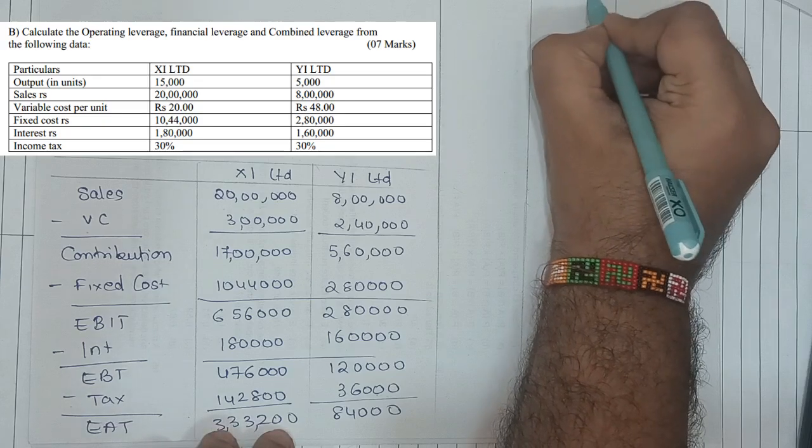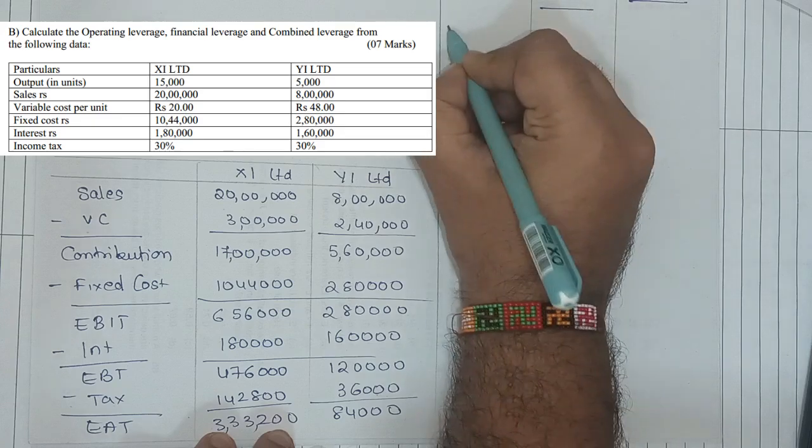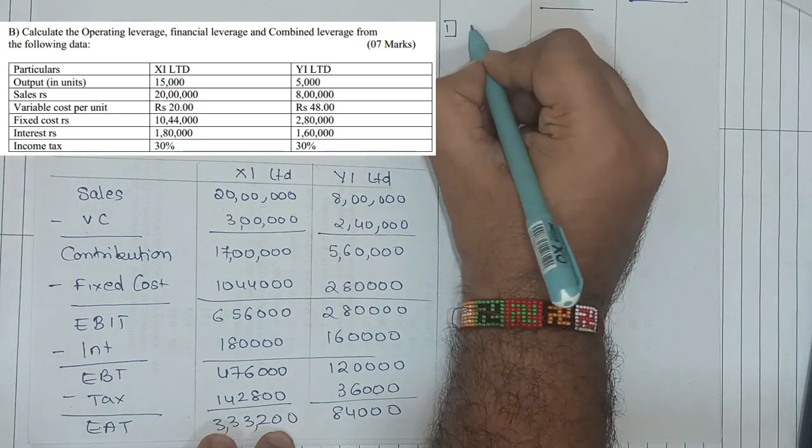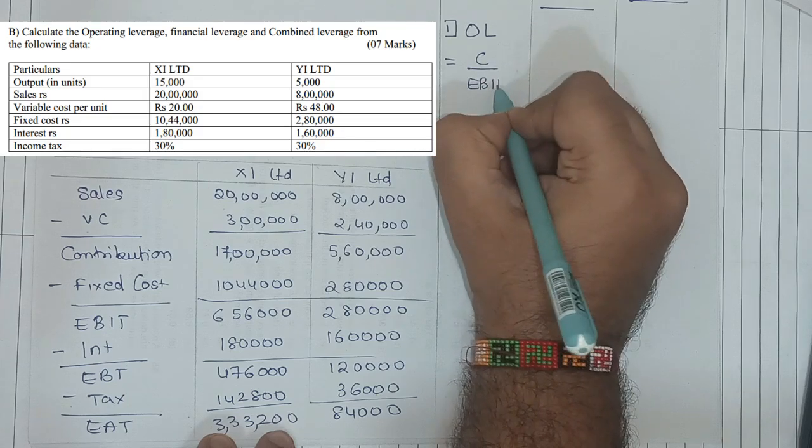This is XI Limited and this is YI Limited. First they want us to find operating leverage. The operating leverage formula is contribution upon EBIT.